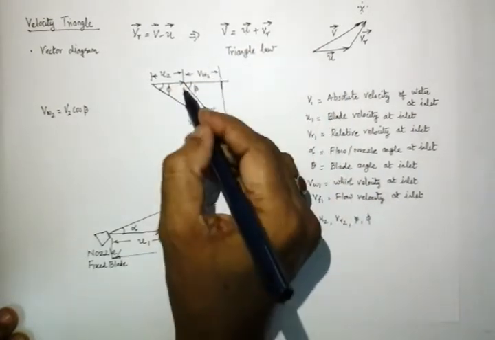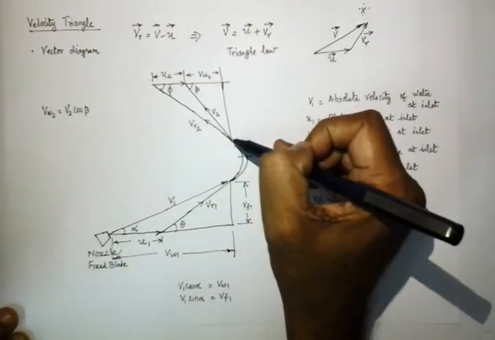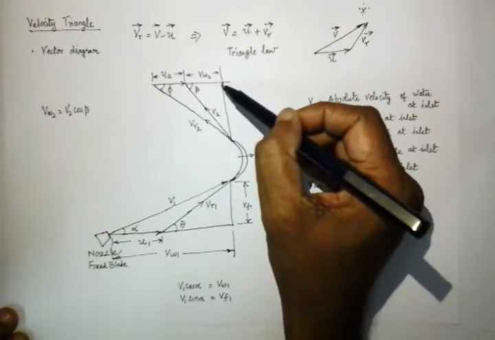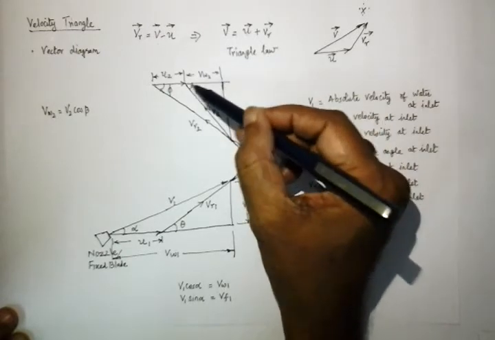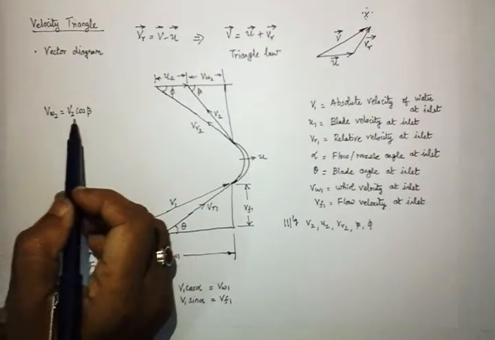Remember, from here to here alone it is VW2. So I have here V2, which has a component only up to this extent. Previously we had a greater extent, VW1. Now it is decreased. So VW2 is V2 cos beta.